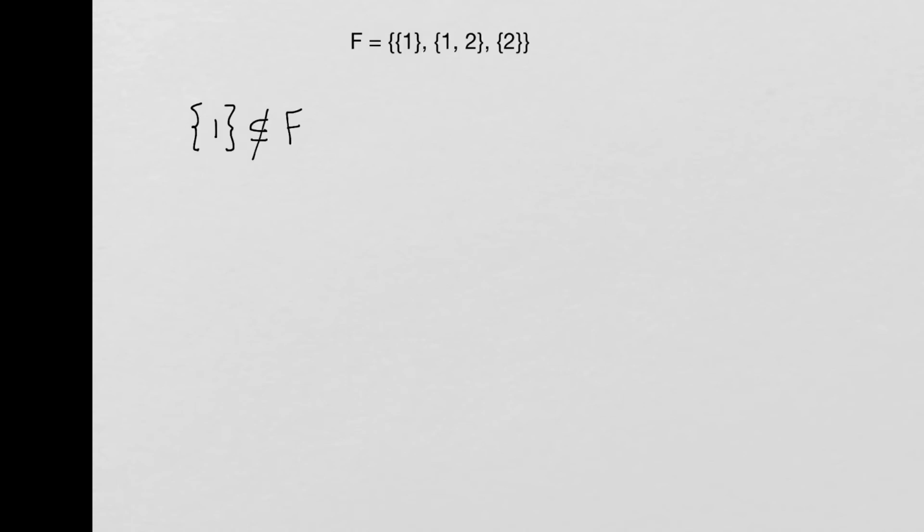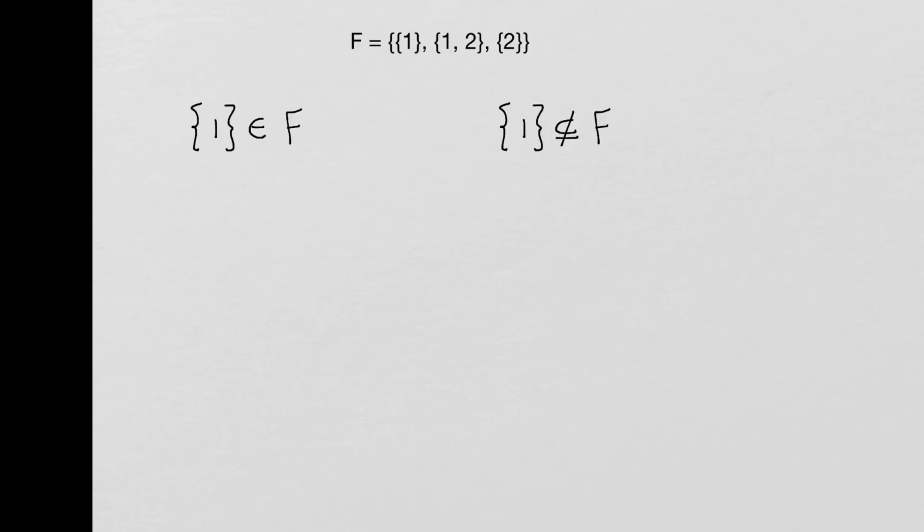So I'm going to take that and put a slash through it, because this is not a subset of set F, because the number 1 is not an element of set F. So it's a little confusing when we're getting into sets of sets. All right, so what we can see is that the set containing the number 1 is an element of set F, but it is not a subset of set F.